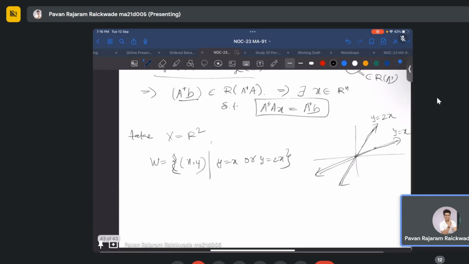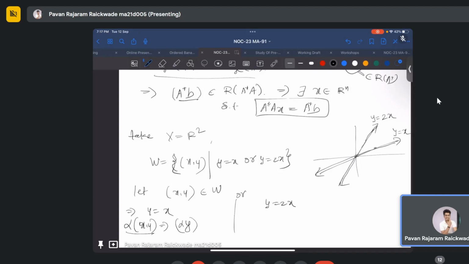Now let (x, y) belong to W, which implies either y equals x or y equals 2x. If I multiply by alpha, what will happen? The y coordinate of the new element alpha (x, y) is alpha y, and because y equals x, this is the same as alpha x; and if y equals 2x, alpha y will be 2 times alpha x.